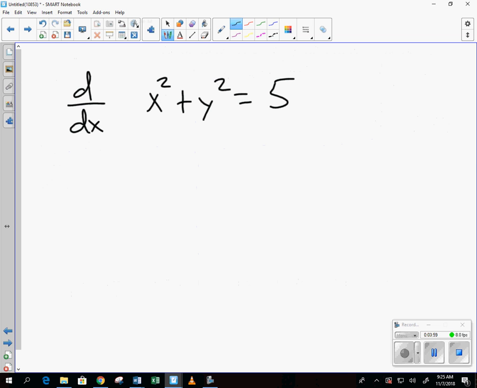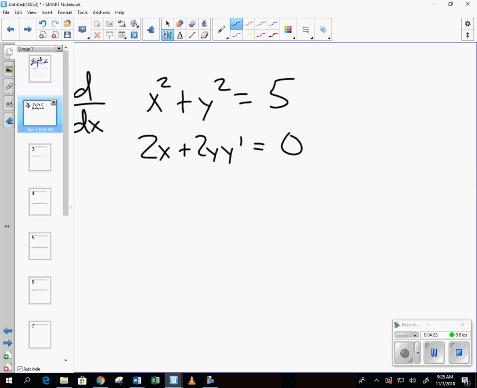What was the derivative with respect to x of x squared? What did we say? 2x. What was the derivative of y squared with respect to x? The reason why was because we didn't have a y variable down here, right? It wasn't the derivative with respect to y. It was a derivative with respect to x. So therefore, we attached a y prime.